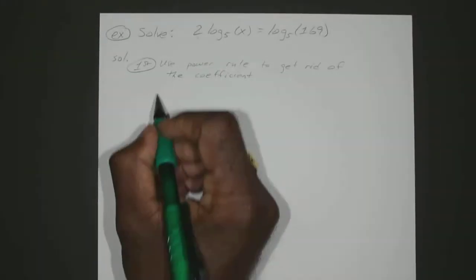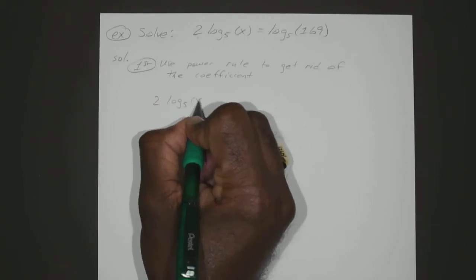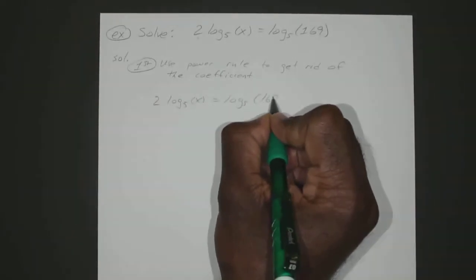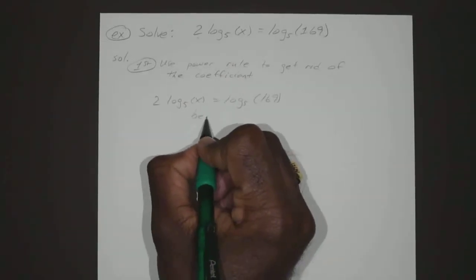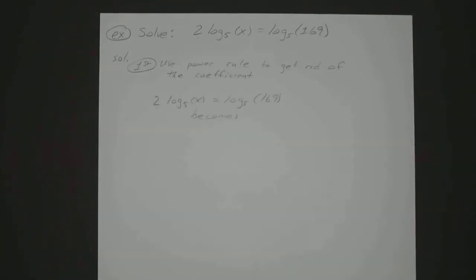So that means 2 times log base 5 of x equals log base 5 of 169 becomes, our 2 now goes up to the exponent.